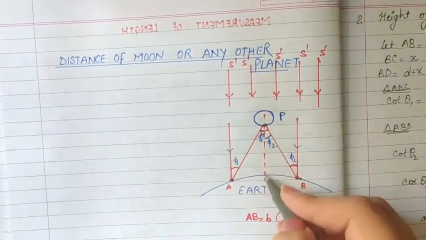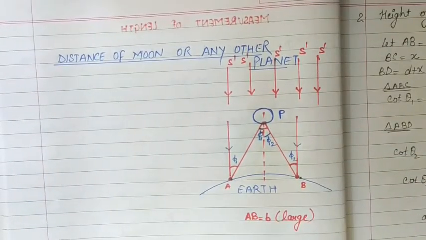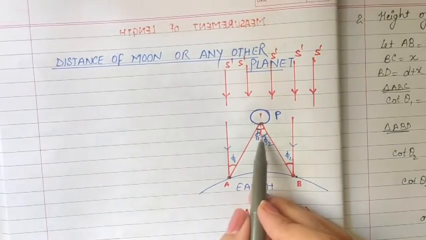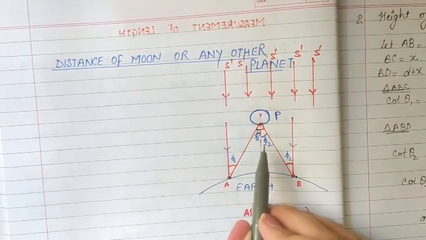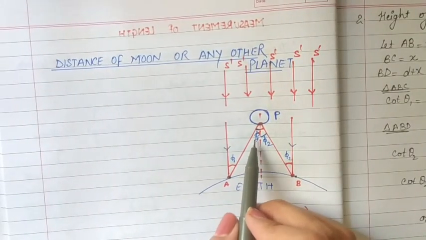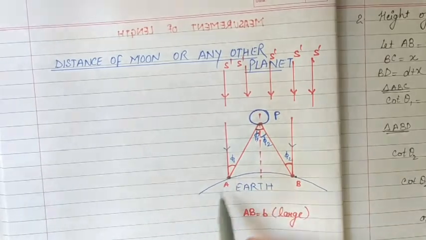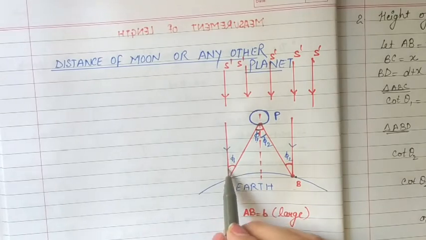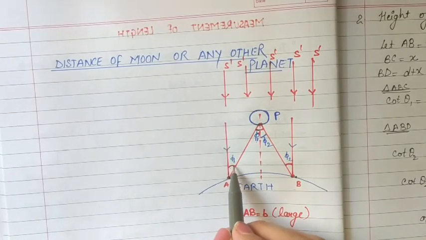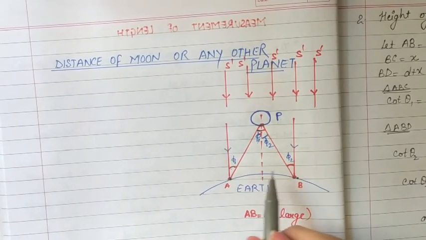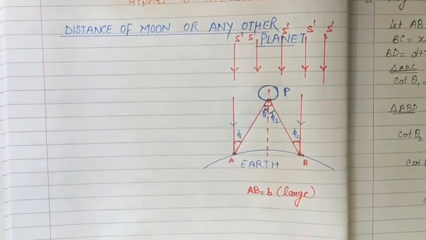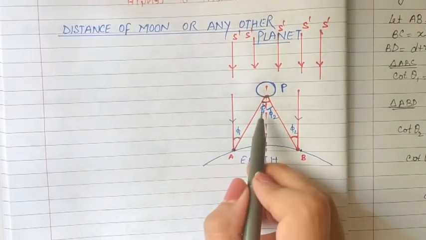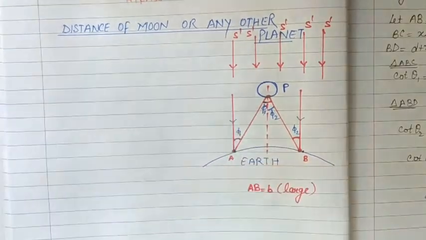These are alternate angles between the parallel lines. So we split the parallactic angle theta into phi 1 and phi 2, and we can find phi 1 and phi 2 and then add them to find the parallactic angle.